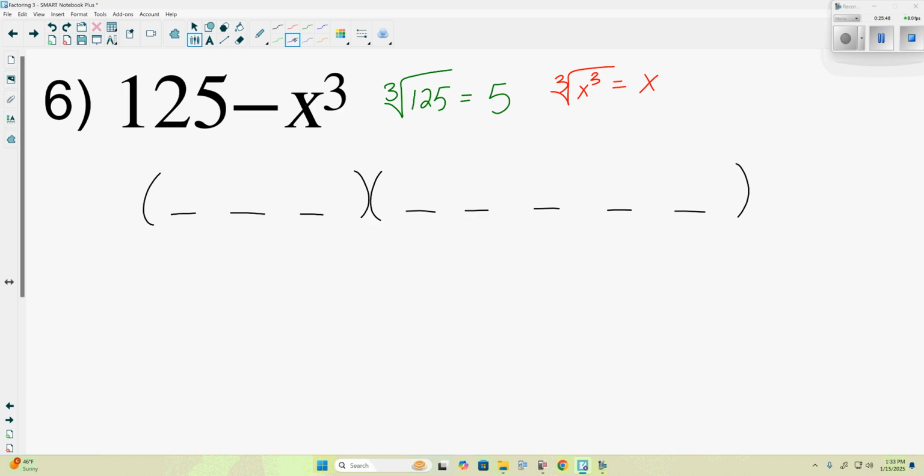Now this one is a little different because the variable is not going first. It doesn't change how it works. We can still leave it in the second spot. It will work just fine. We'll do our signs first. Our signs are going to be the same, opposite, always end on a positive note. So minus, plus, plus.